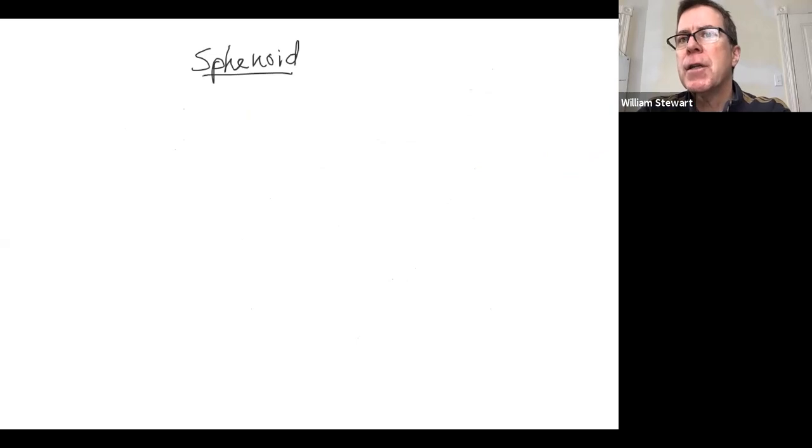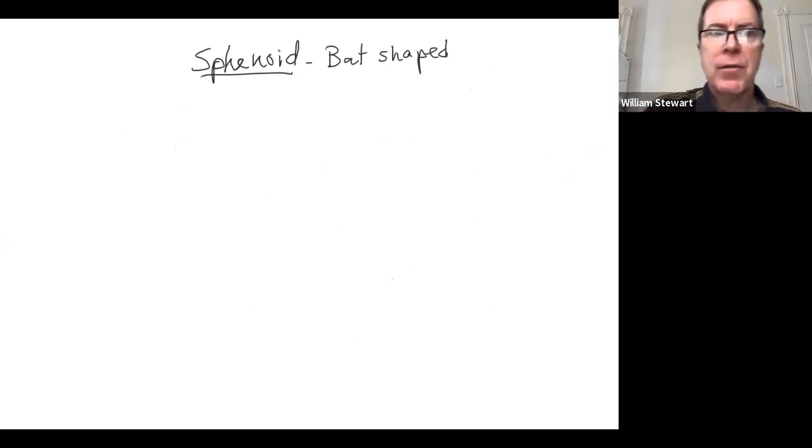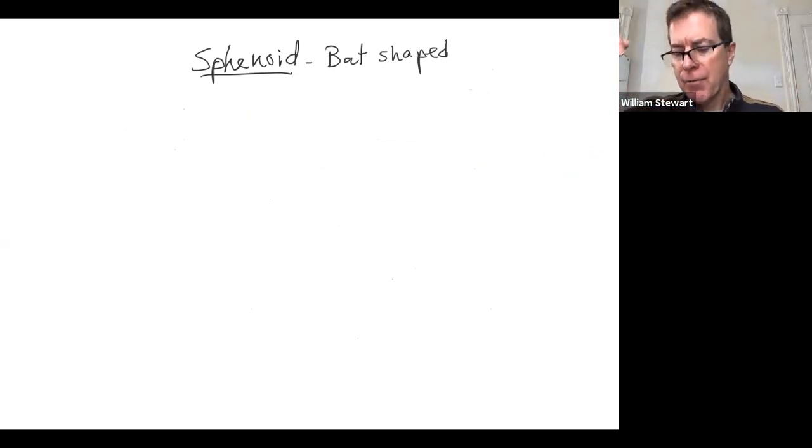So sphenoid bone is sort of butterfly shaped or bat wing shaped. So I'm just going to write bat shaped. When you look at the diagram in your book, it's the one that looks like sort of butterfly shaped or bat shaped. If you look at it from a superior or inferior angle, it kind of looks like that.